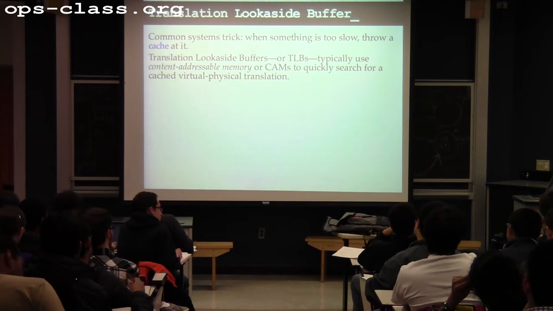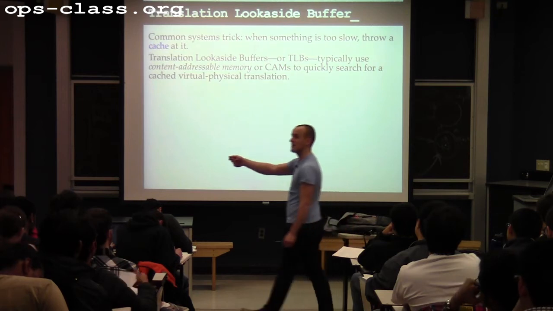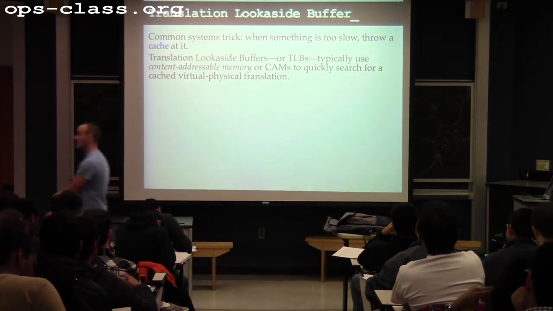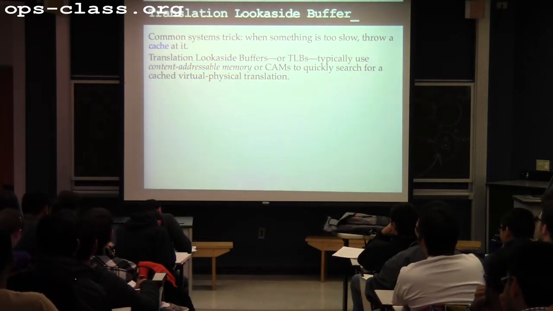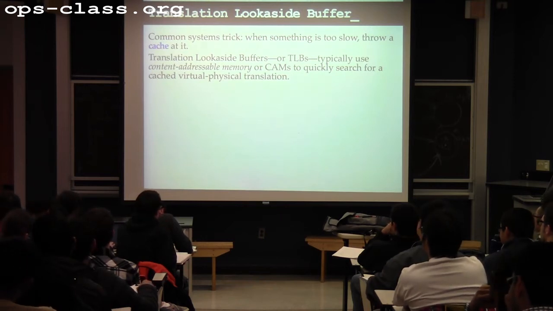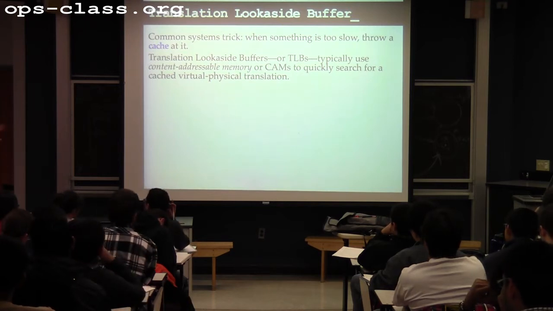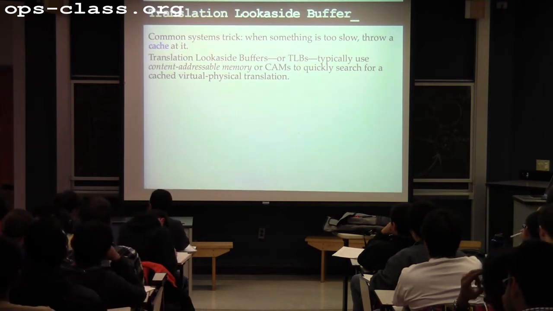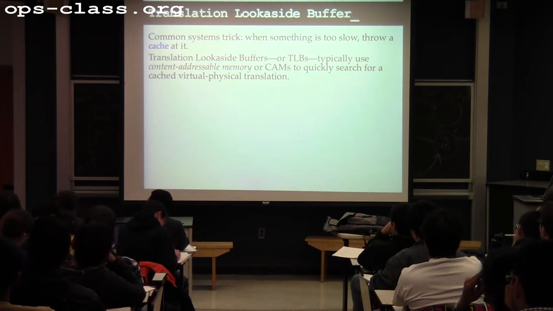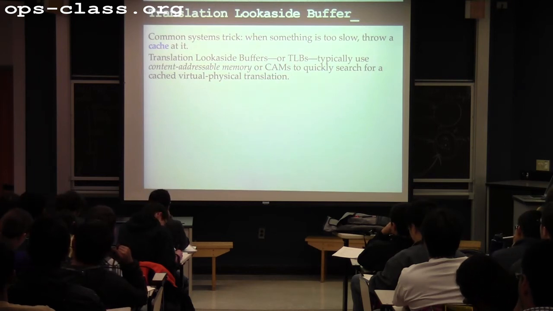We're used to addressing memory by location: give me byte 10. Content-accessible memory allows me to address it by its contents: give me something related to the piece of memory that contains this address. We can use this to very quickly and efficiently search for a translation between a virtual and a physical address. The content we use for the search is the virtual address, and the answer is going to be the physical address.